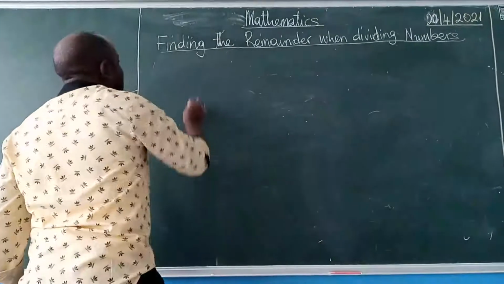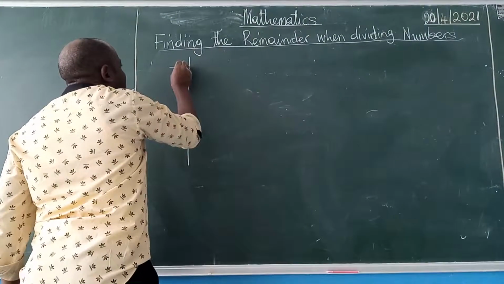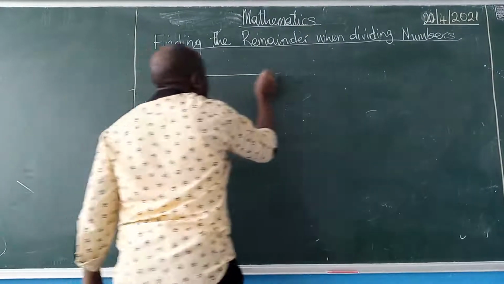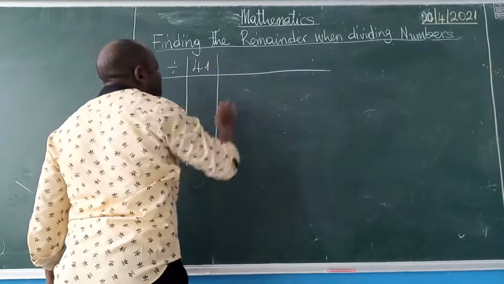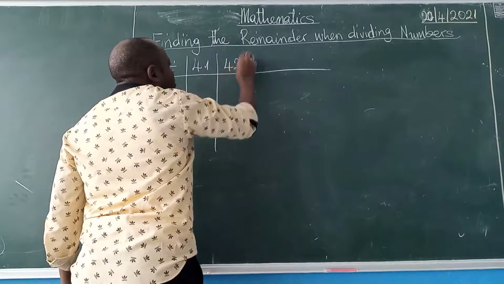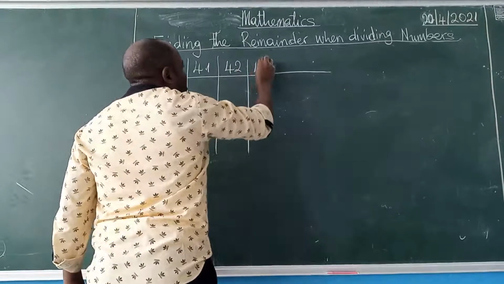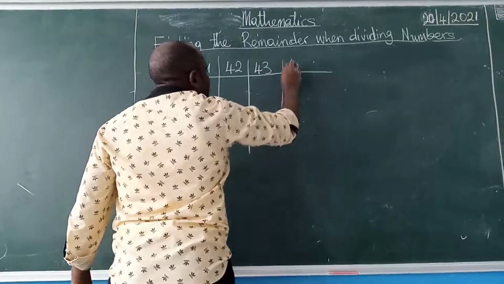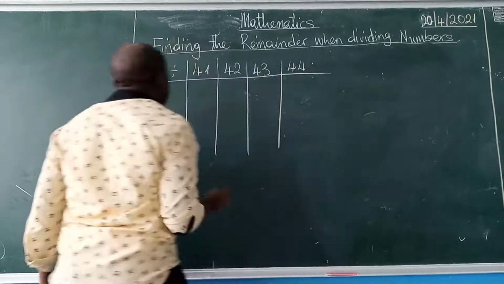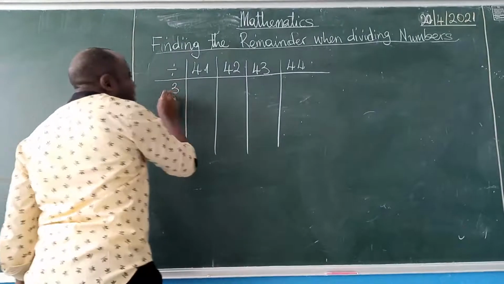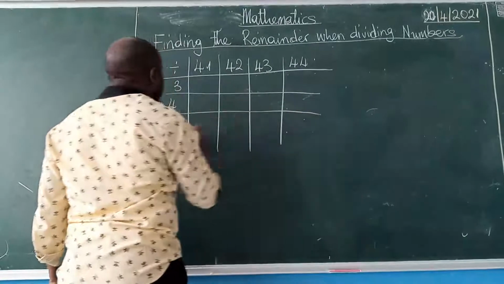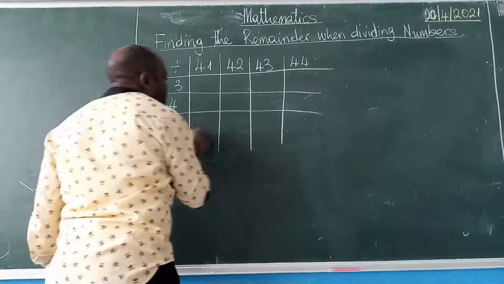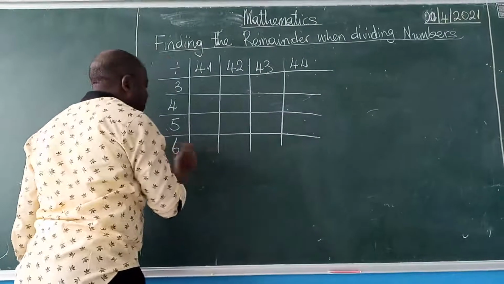Take for example, I have here divided by, I have 41, 42, 43, 44. Let me end there. I have 3, 4, 5, and 6.